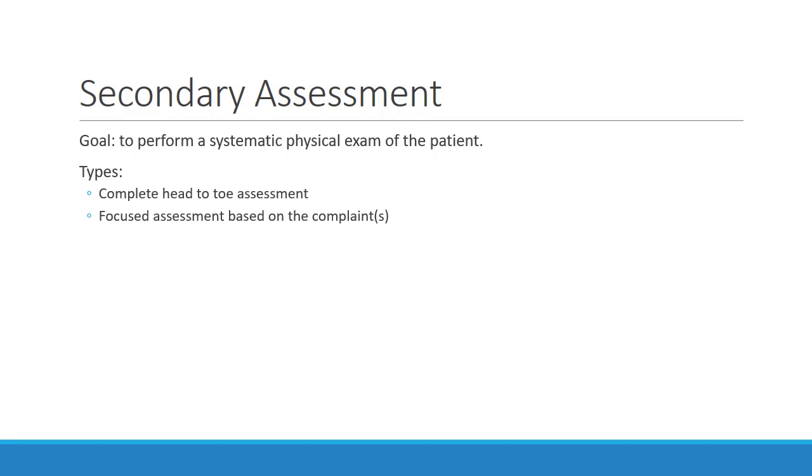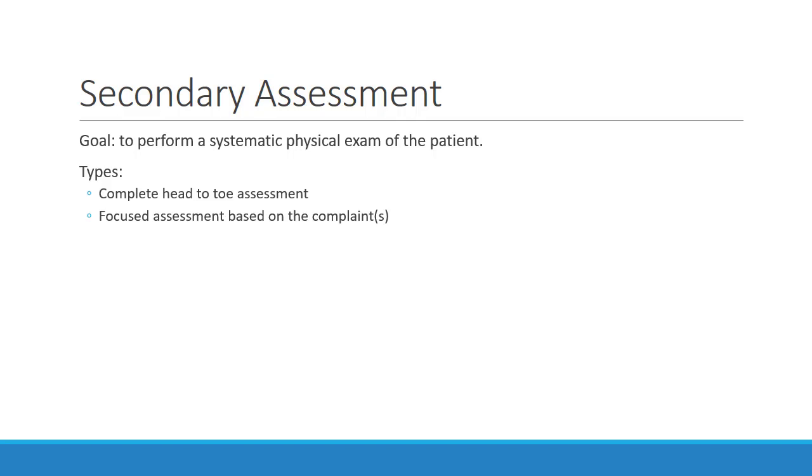In general, not always, but in general, you're going to want to do a head-to-toe assessment on all trauma patients. With medical patients, you can usually do a focused assessment based on their complaints. However, this may not always be the case because, for example, cardiac patients can have not only chest pain, but radiation of the chest pain to their back or their arms or their jaw.